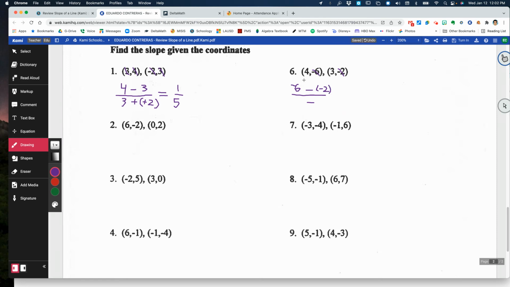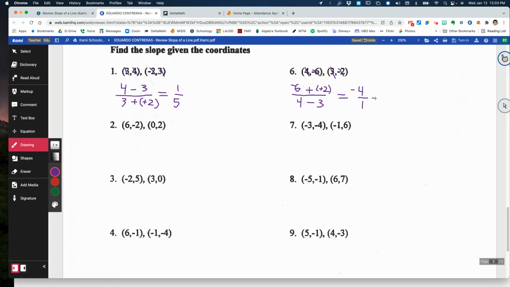Now in the denominator, I'll do the x's, which is 4 minus 3 again. Okay, so that takes care of the x values there. And again, I have negatives and subtraction. I'm going to keep, change that to plus, change that -2 to +2. It now becomes -6 plus 2, which is -4. And then 4 take away 3 is 1.